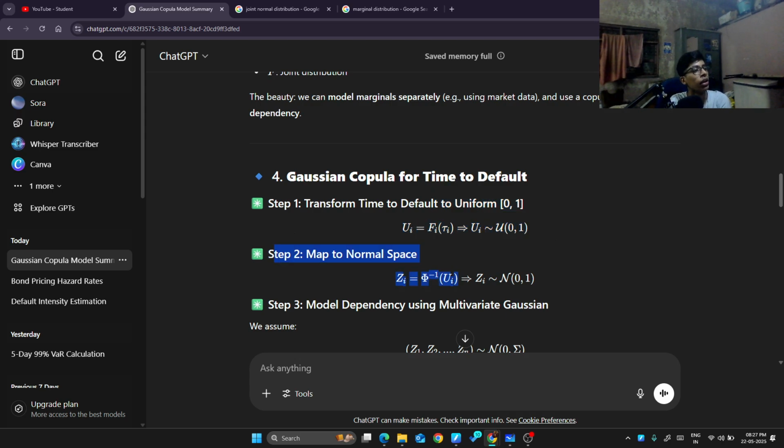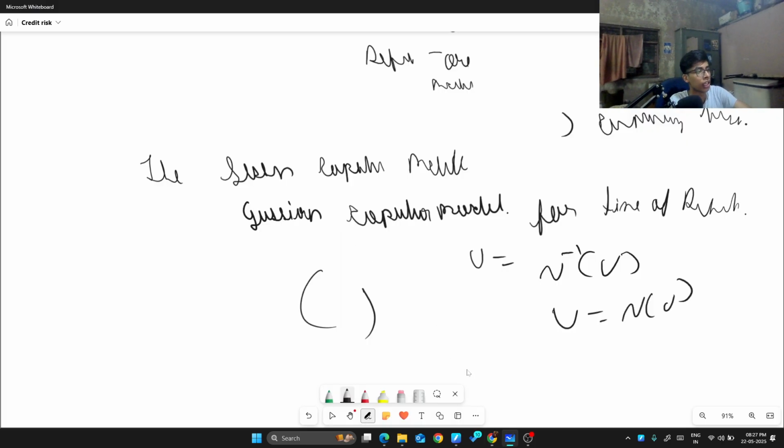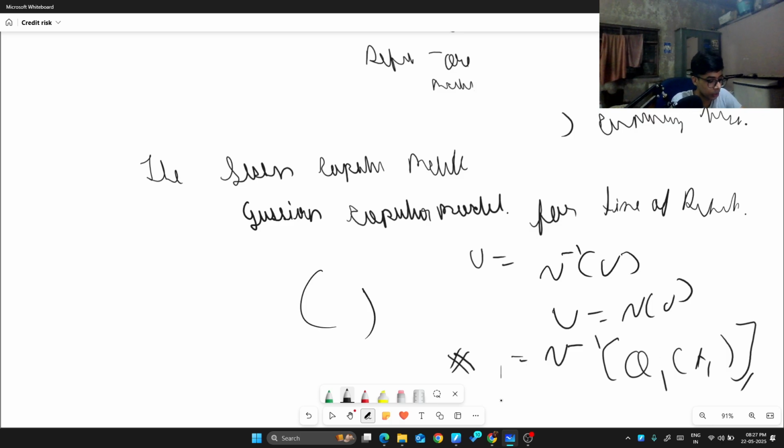Then map this to a normal space, and our formula is z_i equal to the inverse CDF of u_i, where z belongs to a normal distribution. Or you can rewrite it as x1 equal to N inverse of Q1(T1), where Q1 is the CDF for T1 and Q2 is for T2.